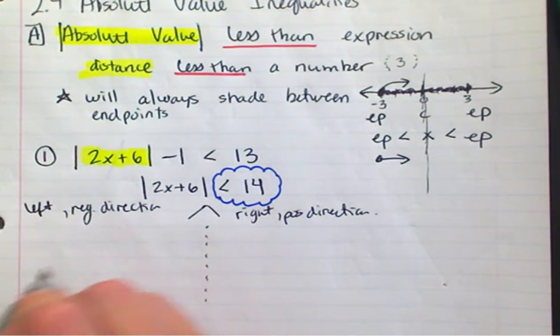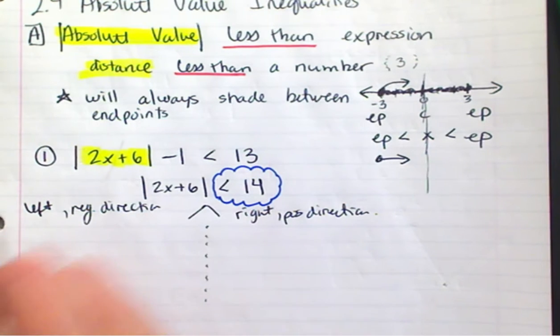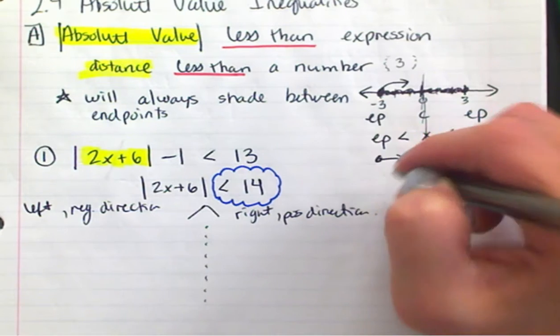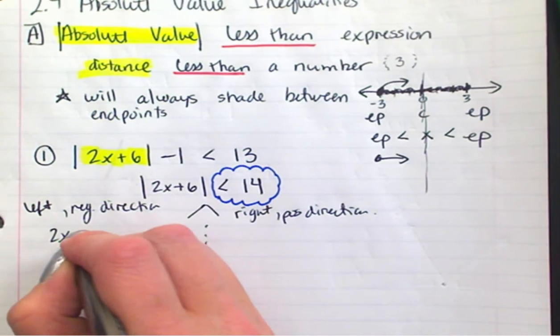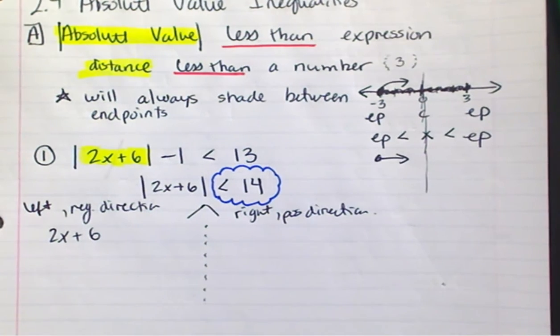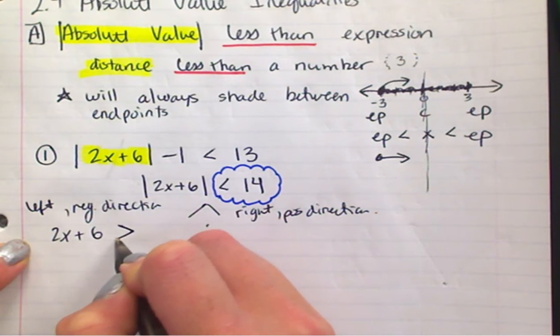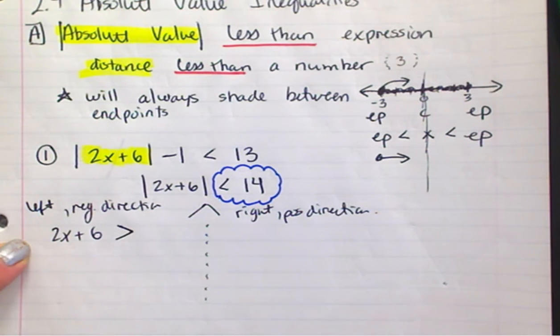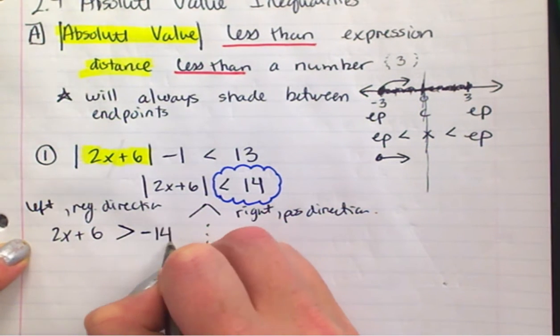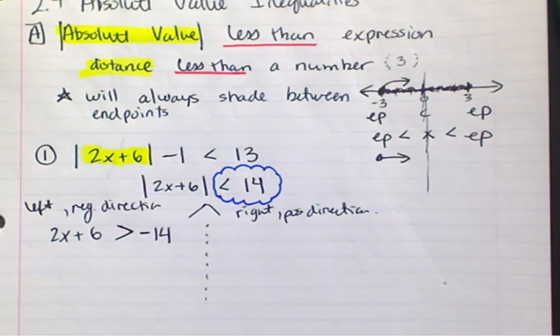Okay? So when I rewrite my left side, notice I'm on the left side here. We're going to drop the absolute values. And I'm going to say, this is for the left endpoint, I need to shade to the right of the negative direction. This is not a how-to list.